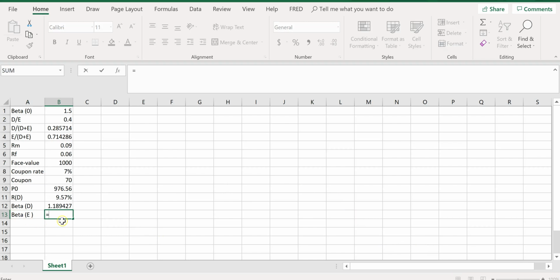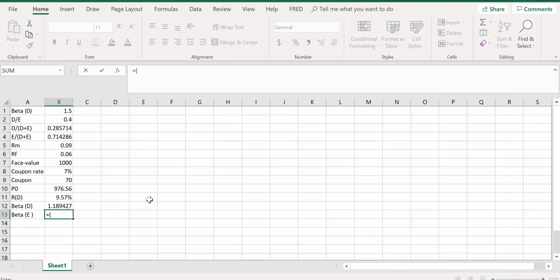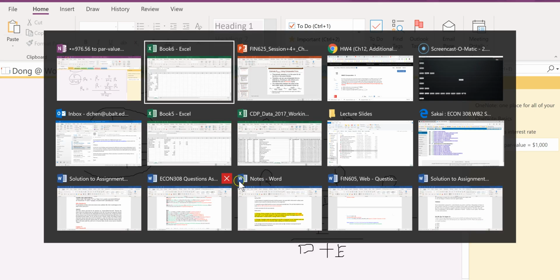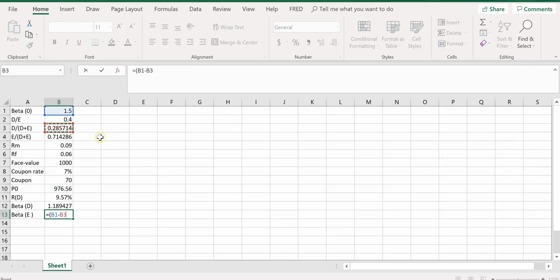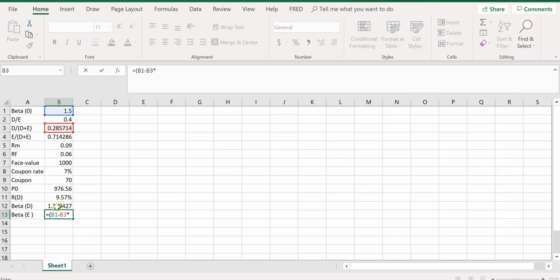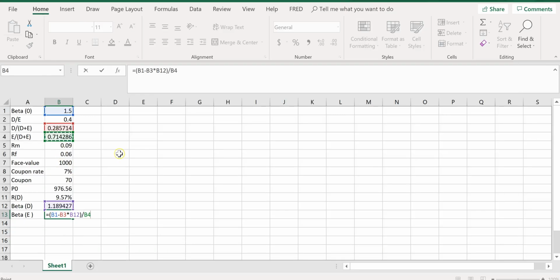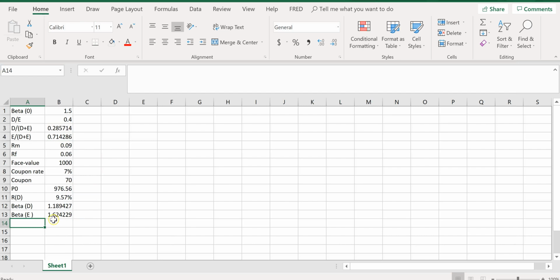So beta equity equals the unlevered equity beta, that's the first 1.5, minus the debt value ratio, so that's right here, times beta debt, over the equity value ratio right here. So that gives me the levered equity beta.